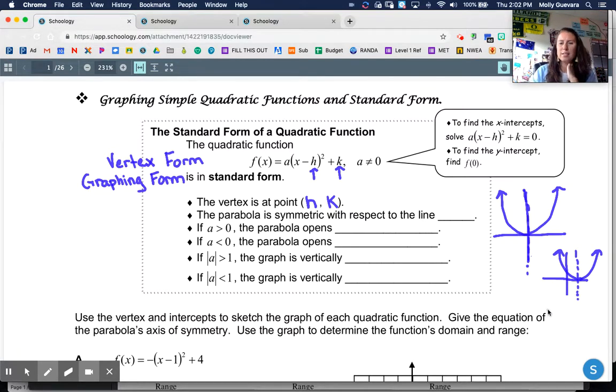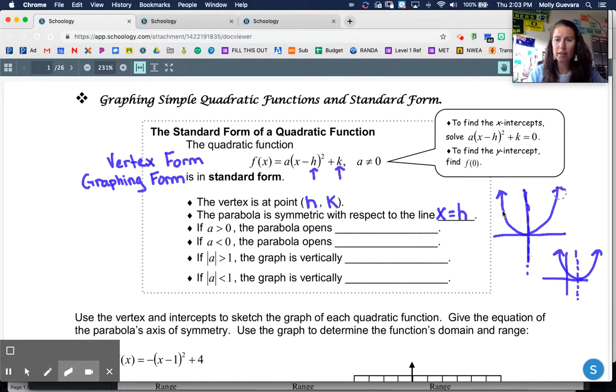So the axis of symmetry is always going to be a vertical line, so we're always going to have the equation x equals something, and it depends on how far left or right you've moved. How far left or right you moved is your h value. So the axis of symmetry is always going to be the equation of the line x equals h.